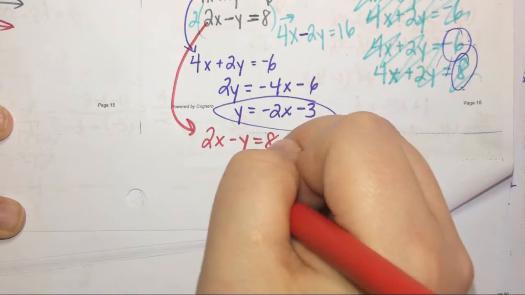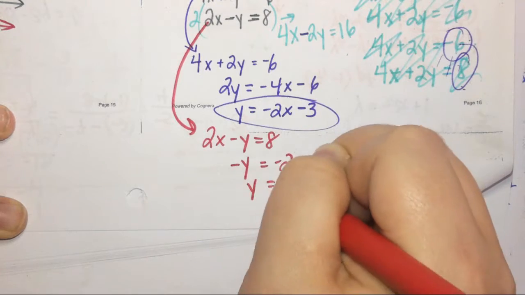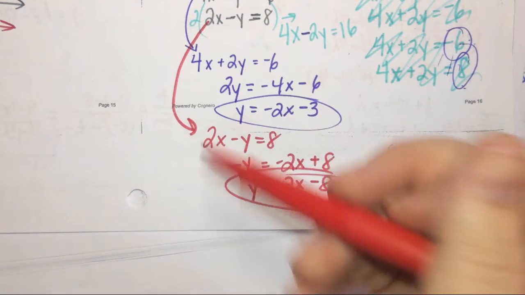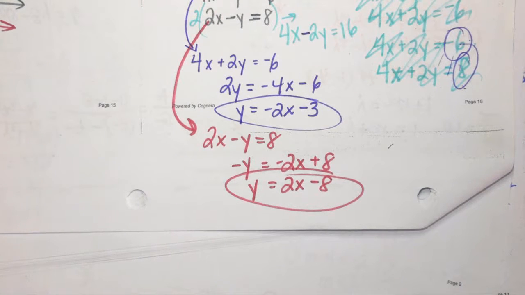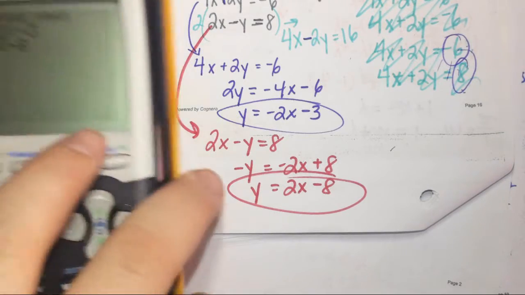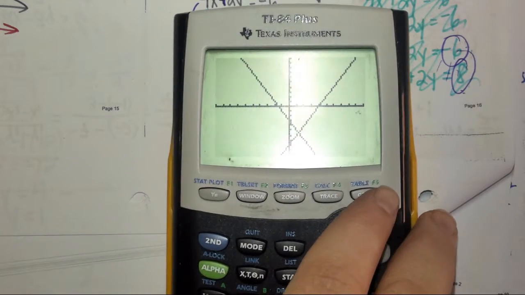When I rearrange it, I get negative y equals negative 2x plus 8, so y equals 2x minus 8. So you would assume, since they have different slopes, they're going to cross. But, you know, first period self-questioning everything. So I graphed them anyway, just to make sure. I typed them both in, pressed graph. Lo and behold, they really did cross.